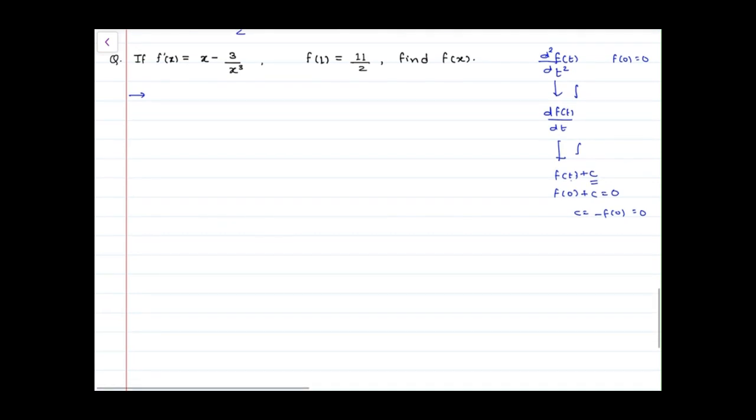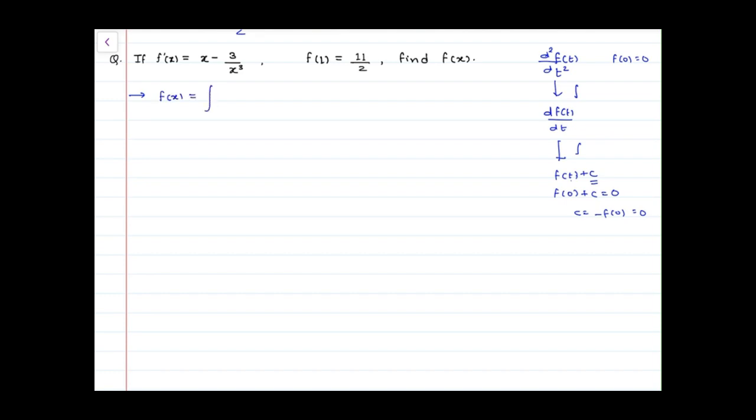So if it's differentiation, we need to go back to f of x, then we need to do the integration with respect to x. If it's differentiation with respect to x and you need to go back to the function f of x, you need to do the integration with respect to x. So that's all we need to do and then use the remaining information for solving the remaining problem, right?